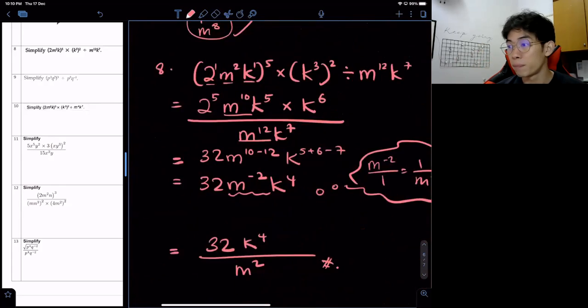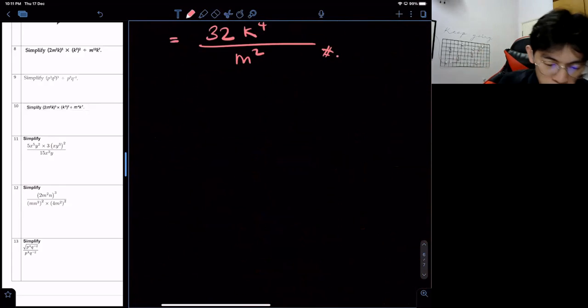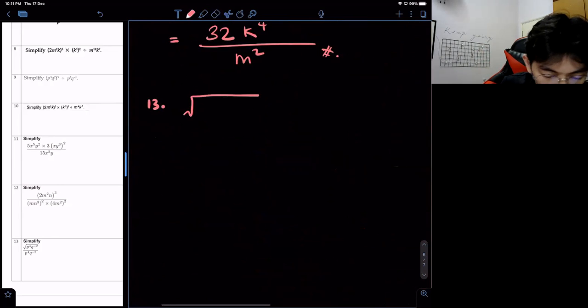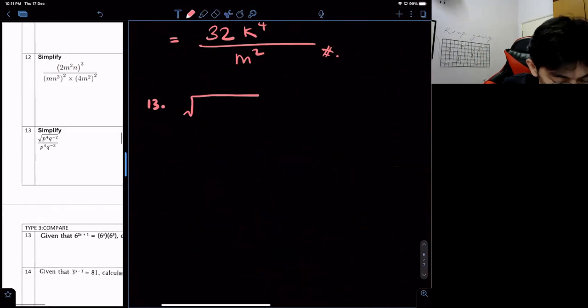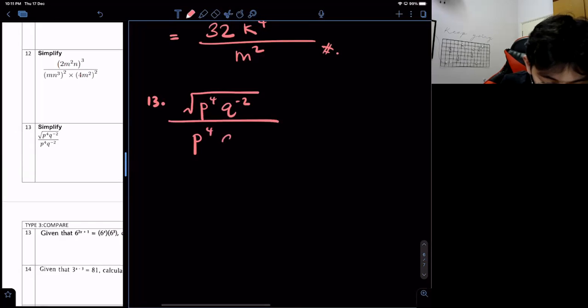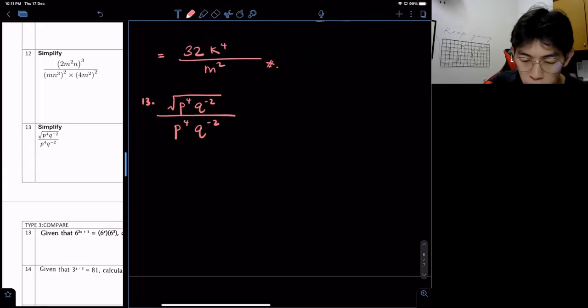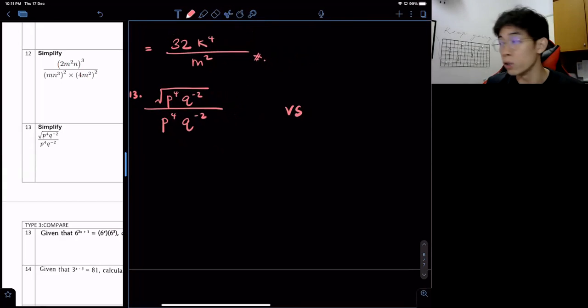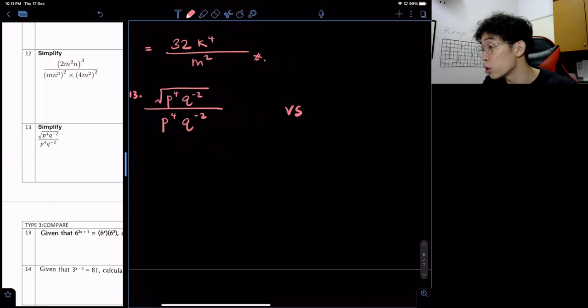Okay, got it? So everyone, question 13. A lot of students spam me this, and in the previous few classes, they didn't go through this with me. Okay, p power 4 q power negative 2 over p power 4 and q power negative 2. So I have two questions over here to compare with y'all. Another student, Vinlun, sent me a question.